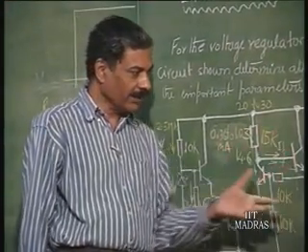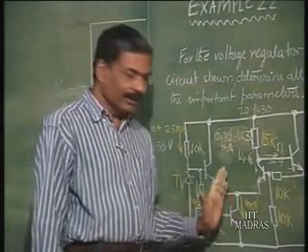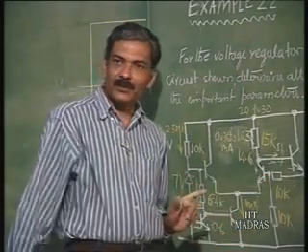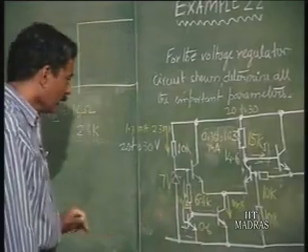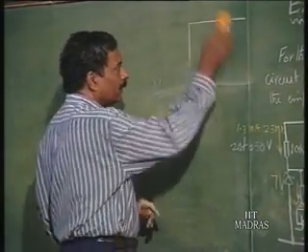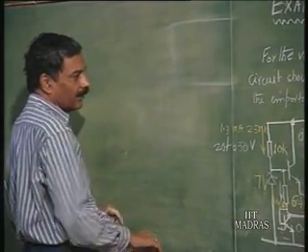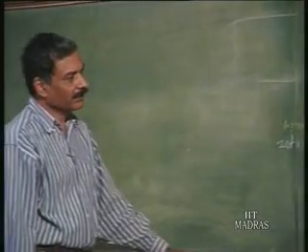The load current is varied over a large range, the operating point keeps shifting, and we have to find out how much the error voltage changes. Based on this we can obtain the load regulation characteristic.